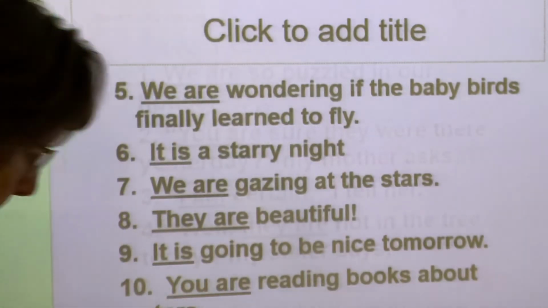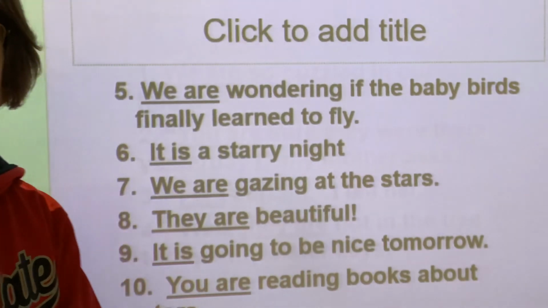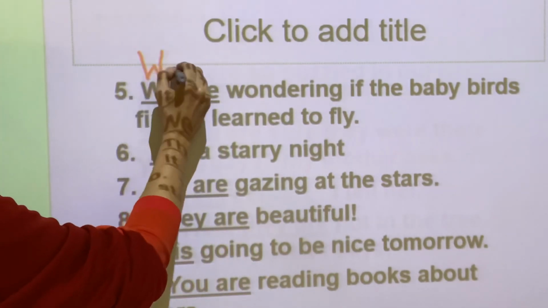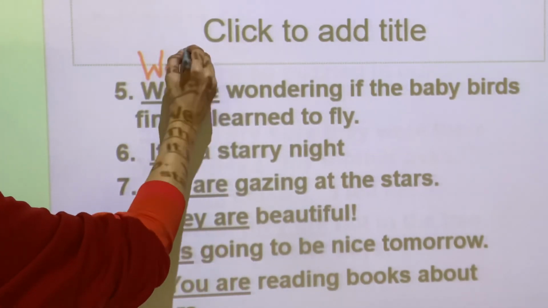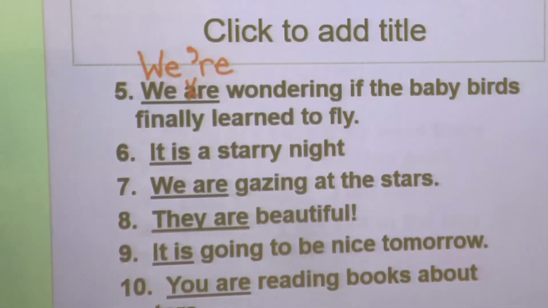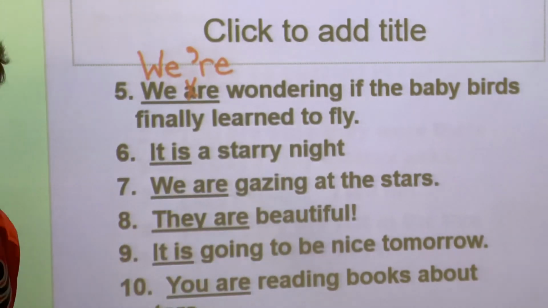Here's a few more. We are wondering if the baby birds finally learned to fly. We are. Keep the first word, get rid of the next letter, put an apostrophe, and add the rest of it. We're. It is a starry night.